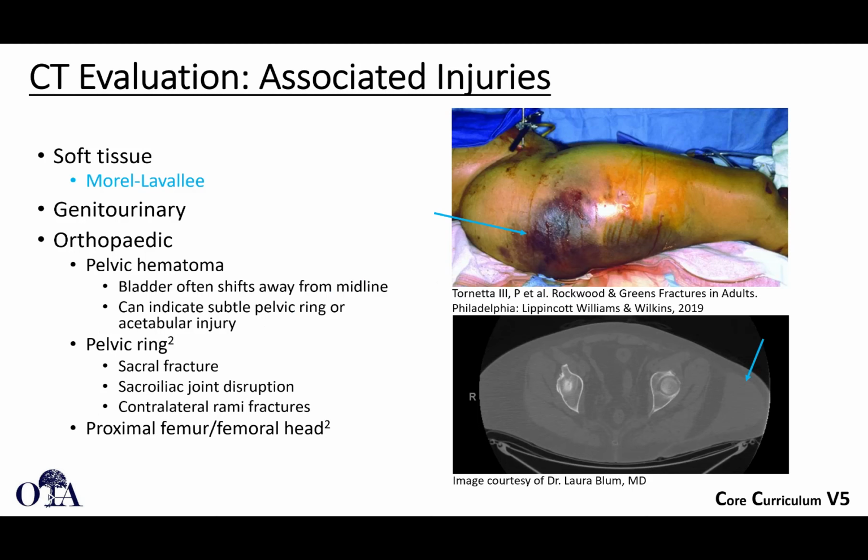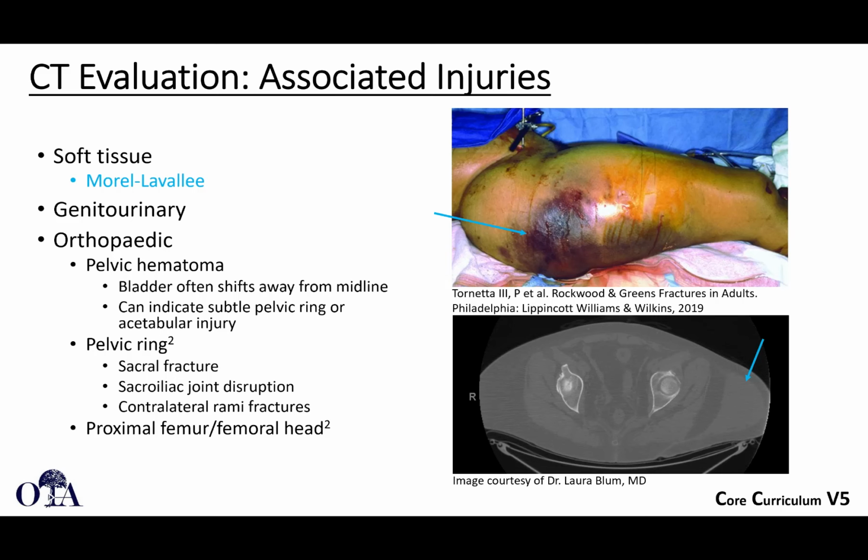So CT scans are helpful to look for soft tissue injuries, such as the Morel-Lavallée lesion. Here you can see on this CT scan that there's a fluid collection, a Morel-Lavallée lesion, that can be picked up on physical exam but confirmed on CT scan, and is sometimes hard to examine and is picked up on that CT scan that oftentimes the trauma patient comes in with.